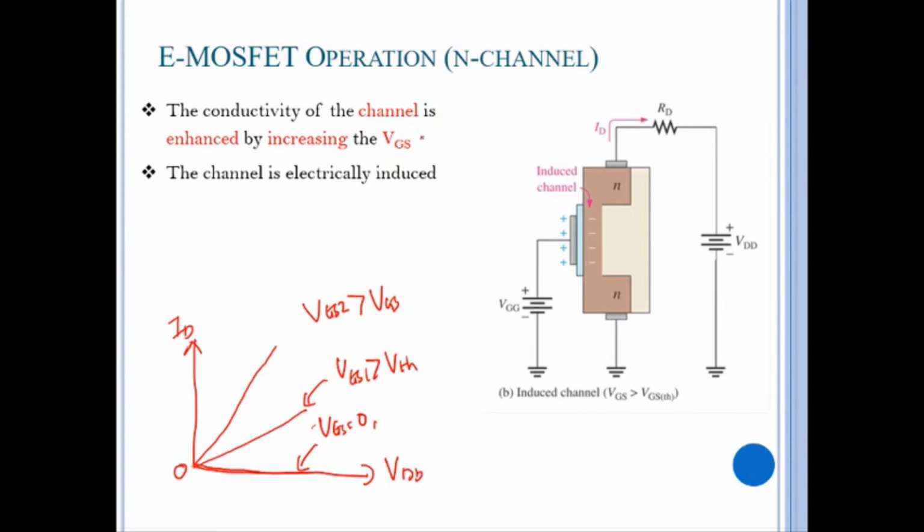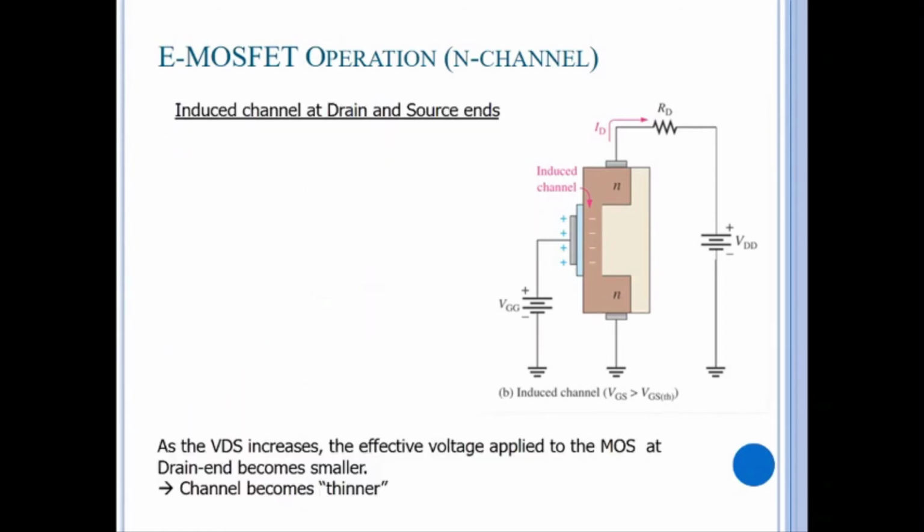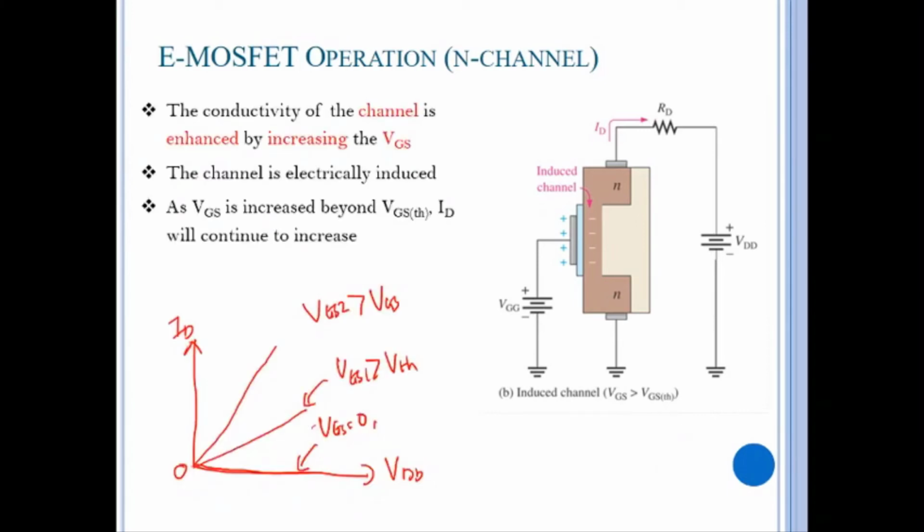So this is the explanation for the first statement: the conductivity of the channel is enhanced by increasing the VGS. Okay, as VGS is increased beyond the VGSTH, ID will continue to increase. This is the ID versus VDS characteristic.